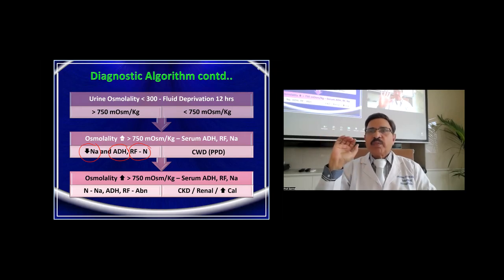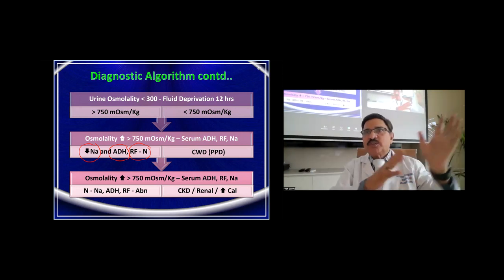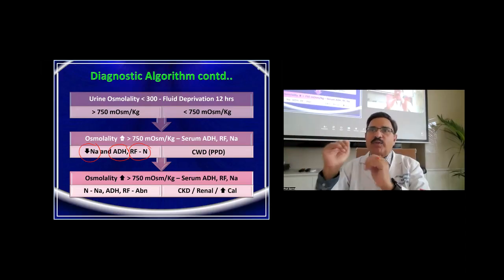Why? Initially he had polyuria, so he qualified for compulsive water drinking. Initial urine osmolality is more than 300, so it doesn't seem to be primarily an ADH problem. There is already some amount of concentration occurring, more than 300.